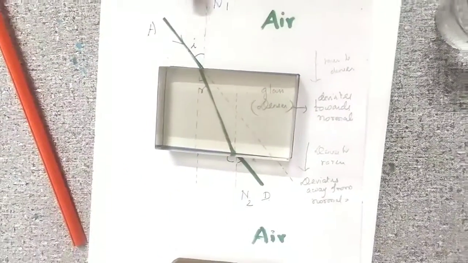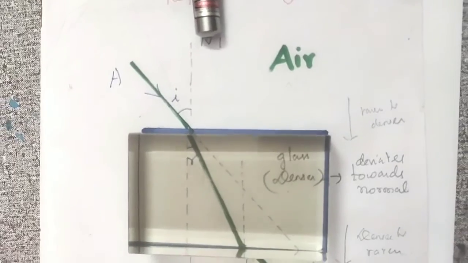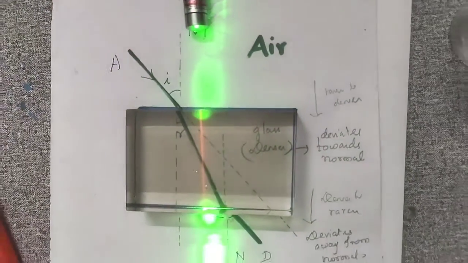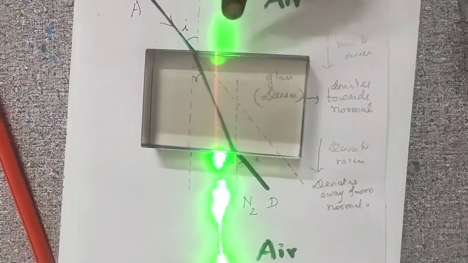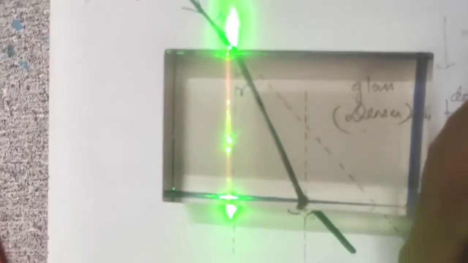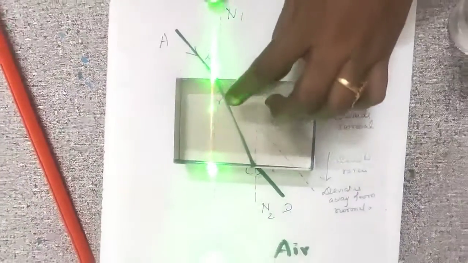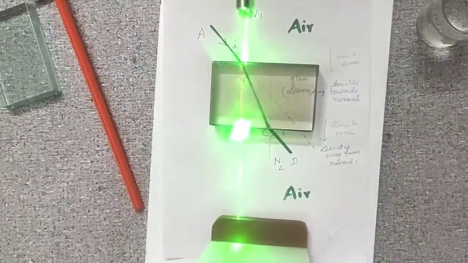This is the normal, and I am passing the light along the normal, parallel to the normal. If you pass the light, you can see it is traveling in a straight line path. So there is no change in the direction of light waves, and it travels in a straight line path.